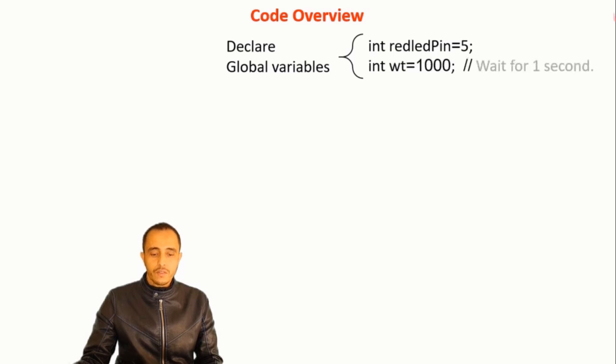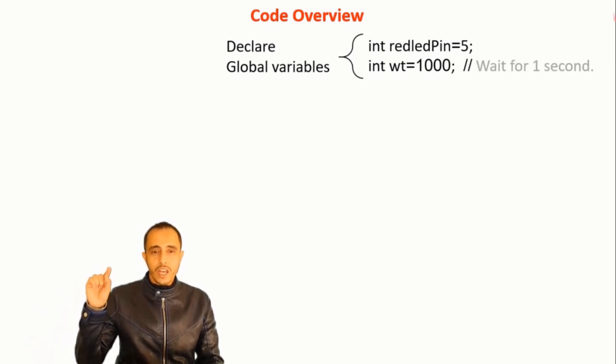The second variable is the type int, and we call it WT. WT means wait time equals 1000 milliseconds, and we end every statement in Arduino sketches by a semicolon. And after the semicolon, we put two forward slashes.